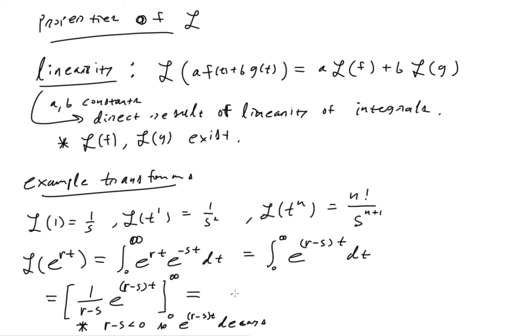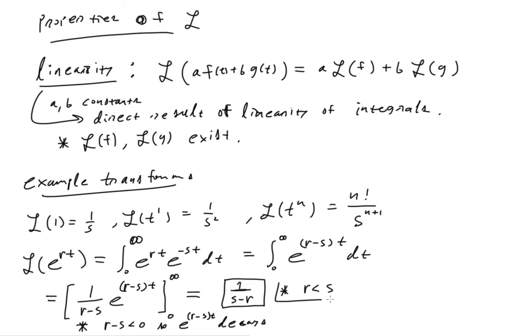Okay. All right. So, presuming that's true, what we're going to end up with is, of course, 1 over s minus r sitting right there. So that is the Laplace transform of an exponential, but we have to put that proviso, that r is less than s, or rather that s has to be strictly greater than r in order for that to exist.